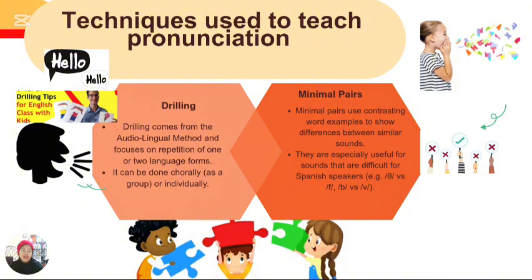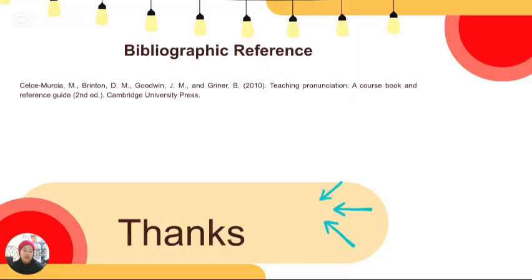Example, the schwa is pronounced like think or three versus free, fine. Another, V, base, another, very. Teachers should emphasize how speech organs move to produce each sound correctly. This is my bibliographic reference.